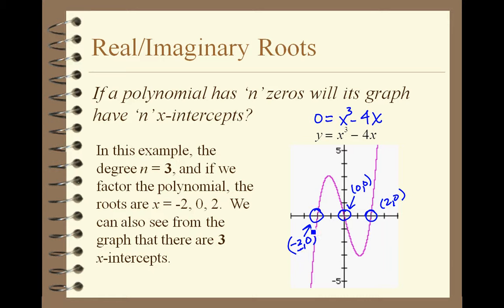We can also see from the graph that there are 3 x-intercepts. So in this case, our degree was 3, and we had 3 x-intercepts. Let's go to the next slide and figure out how we can get those zeros just from factoring.